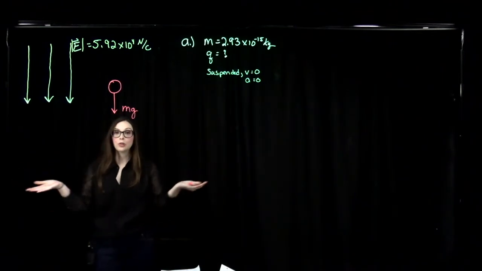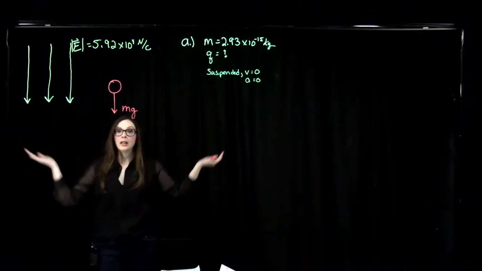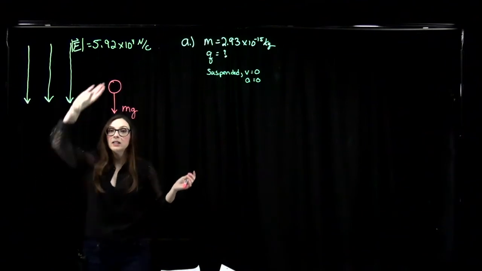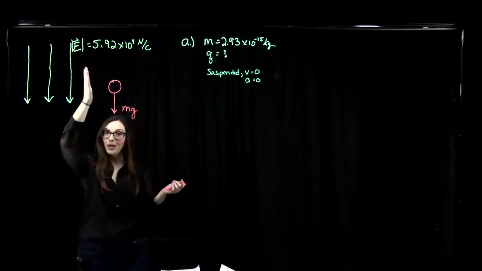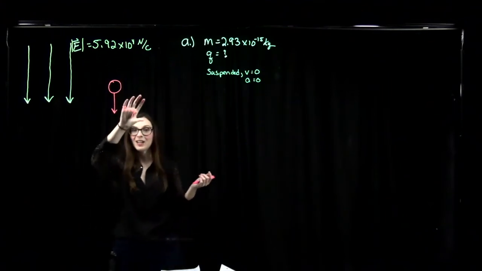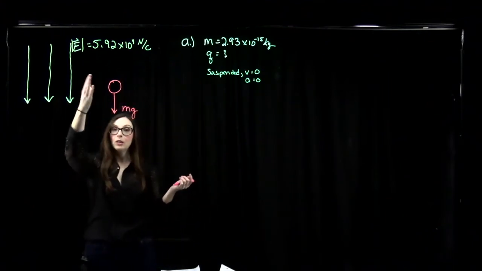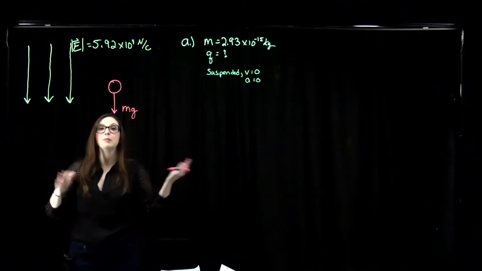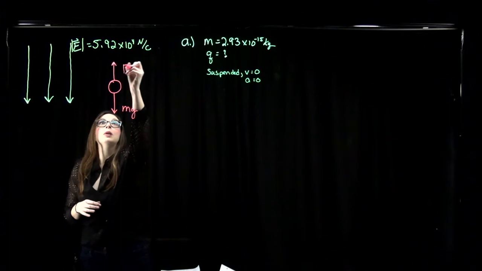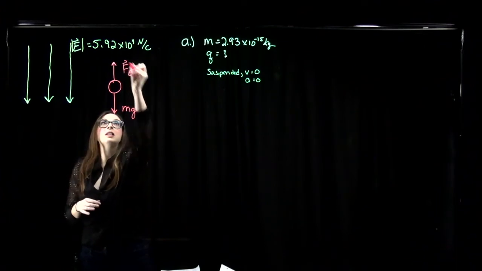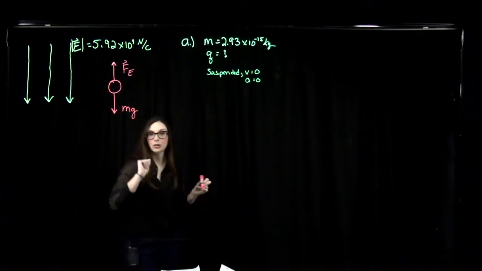In order for it to be suspended against gravity, it has to have an upward force that is equal but opposite to the weight of this droplet, in order to keep it stationary, to keep it from moving. So we've got to have an electric force that's acting in the vertical direction.